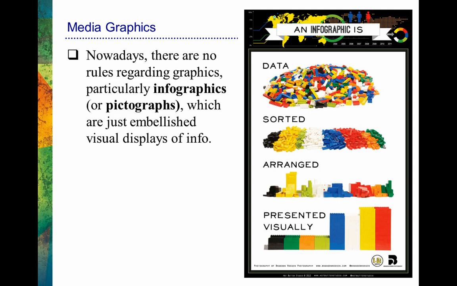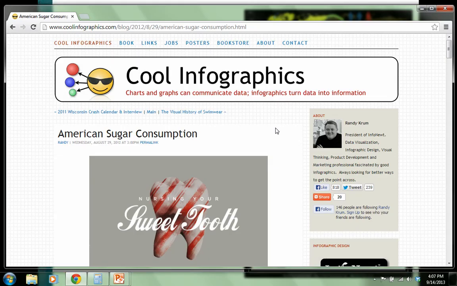Let me give you another example, because some of them can be really annoying, but some of them can be really awesome too. So take a look at this. This comes from a website called Cool Infographics, and they're constantly adding really neat infographics to the site. I always like this one.